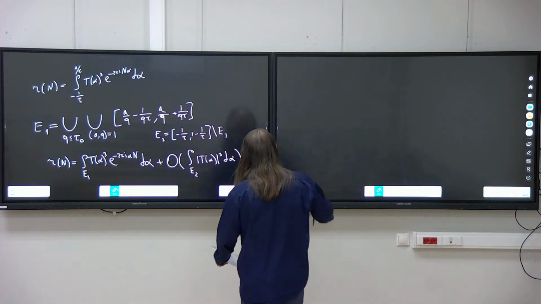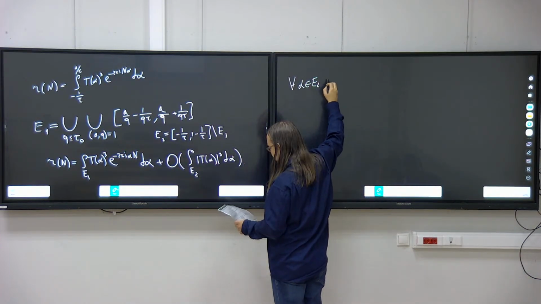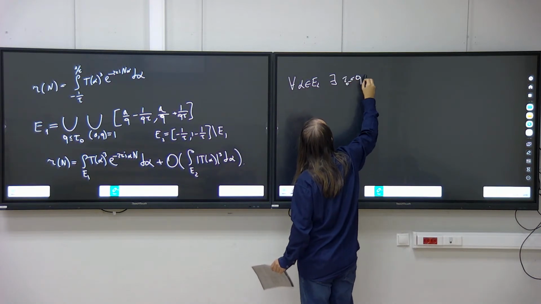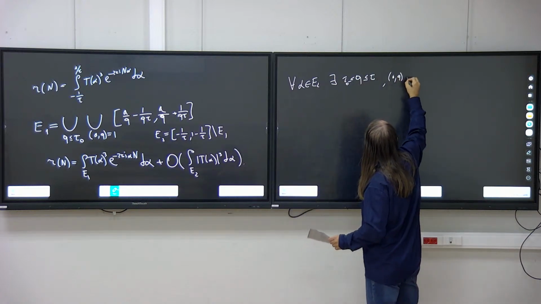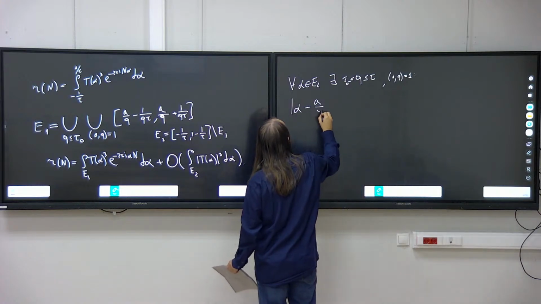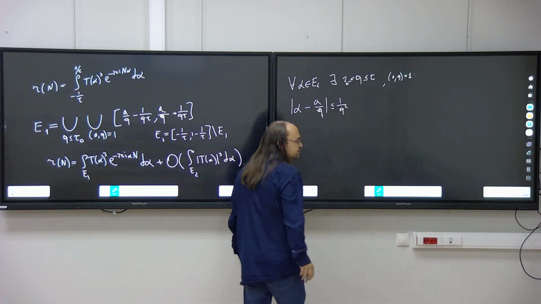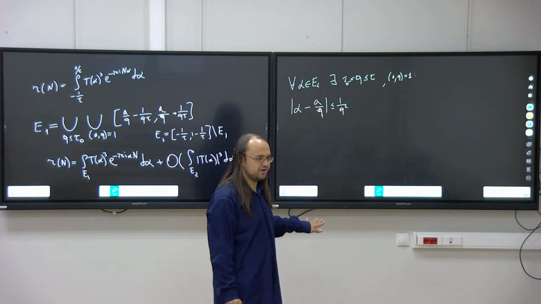So for any alpha in E2, there is a q between tau naught and tau, with a and q coprime, such that alpha minus a over q is at most 1 over q squared. This is just the Dirichlet approximation theorem.